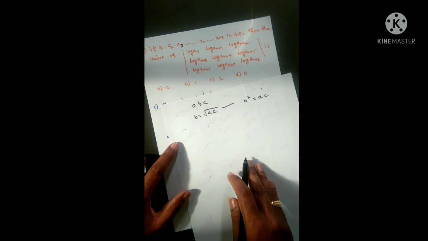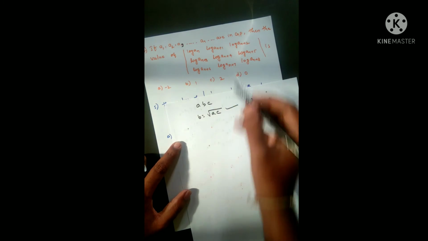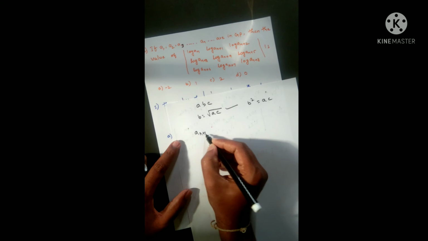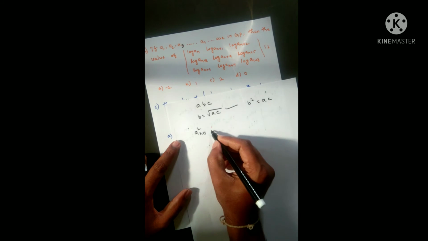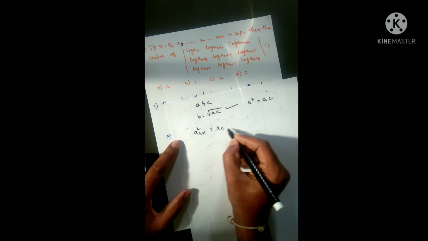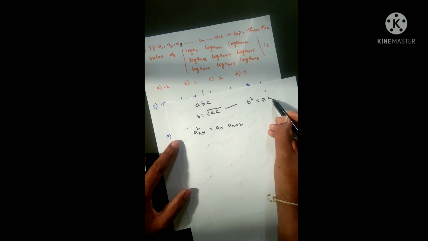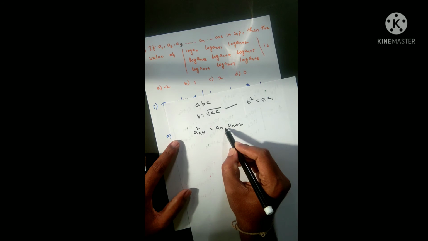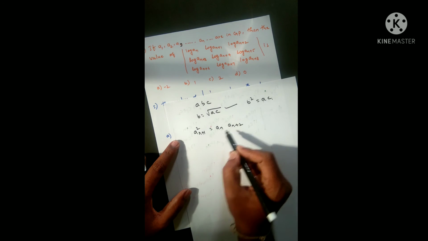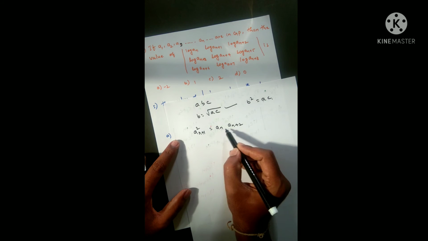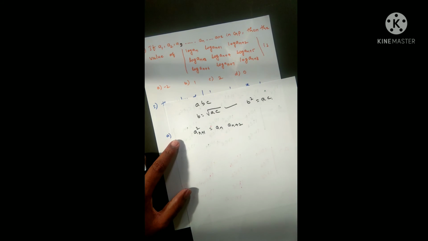Now I will take one of the important ones. A n plus 1 square, I can write as AN into AN plus 2, first and third. What is the next term? AN plus 1, is it? Then AN plus 1 whole square is AN into AN plus 2.